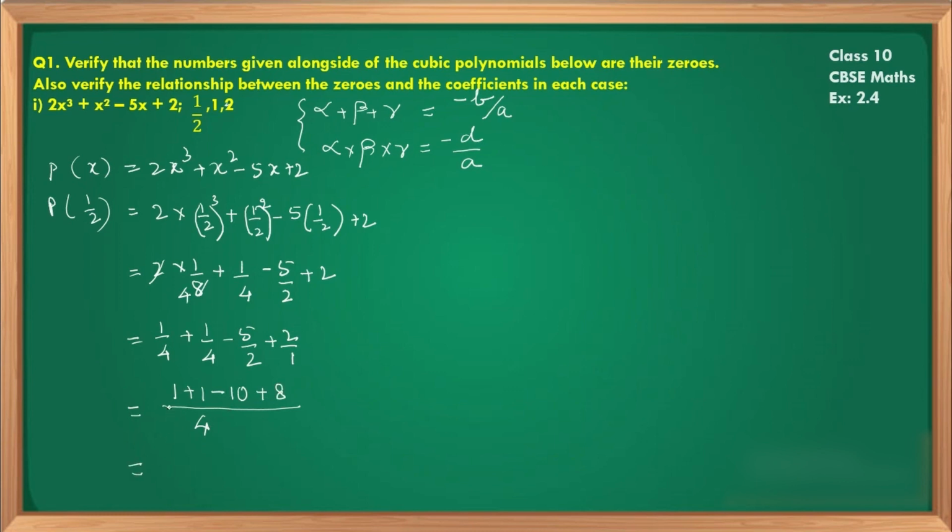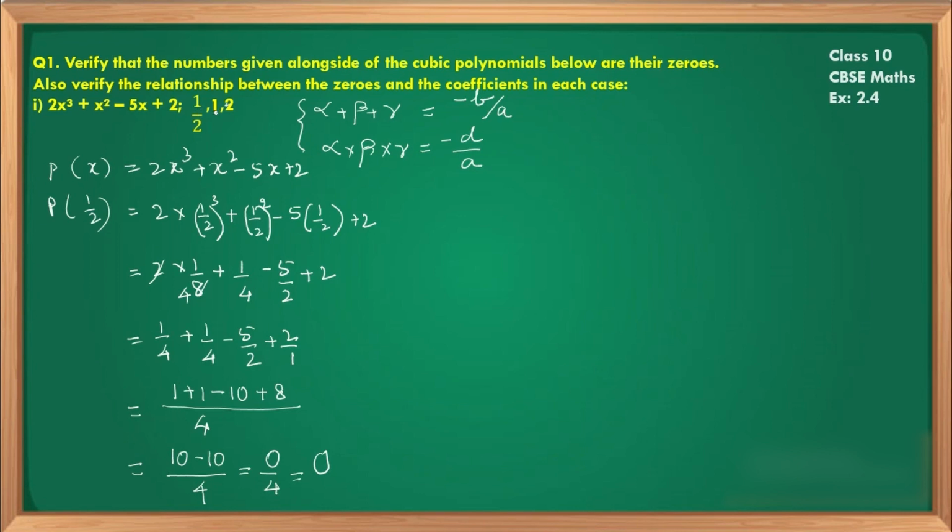Further, 1 plus 1 is 2 plus 8 is 10. 10 minus 10 divided by 4 is equal to 0 by 4, which is equal to 0. Now this polynomial with 1 by 2 is equal to 0. Therefore, 1 by 2 is a zero of this polynomial.